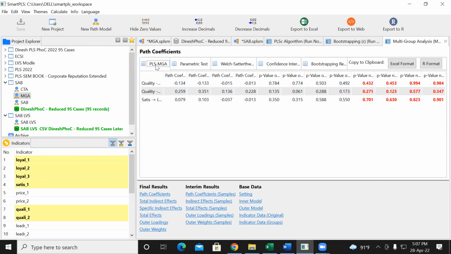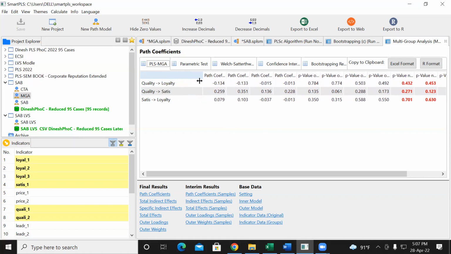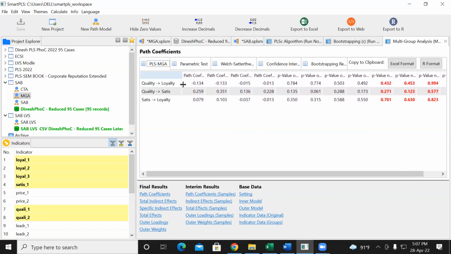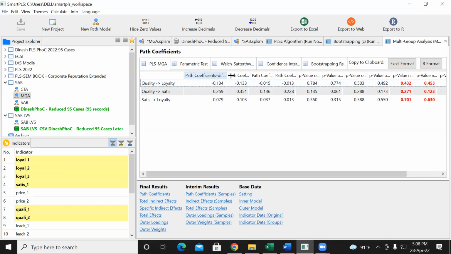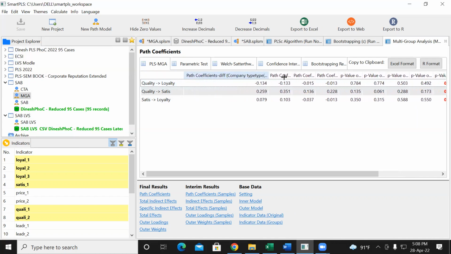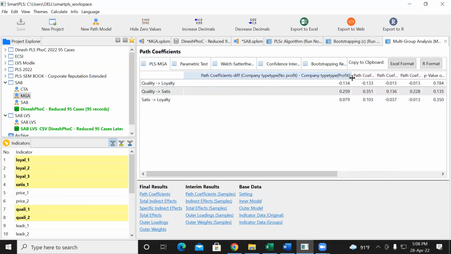In the PLS multi-group analysis results, you can expand each column, right? These are the paths in your model: quality to loyalty, quality to satisfaction, satisfaction to loyalty. Separate paths you can see. Here for each path under different groups, you can see the difference. See here, first one, path coefficient difference.